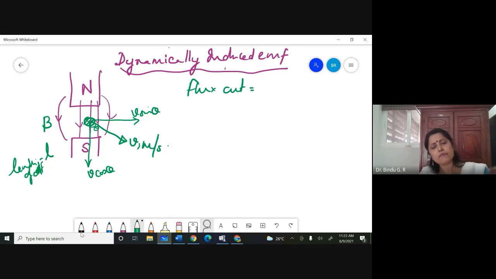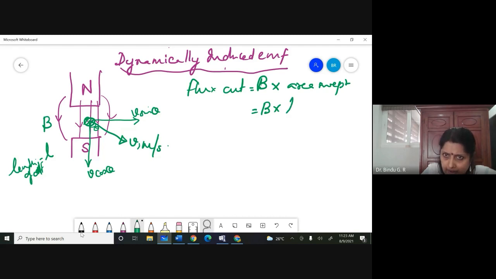How is the flux cut? Because the conductor is within the magnetic field and the conductor is moving with the velocity, the flux cut will be flux density B into area swept, isn't it? What will be the area swept? B into the length of the conductor. I have shown only the cross section. This is the length. This is the conductor which is moving like this.